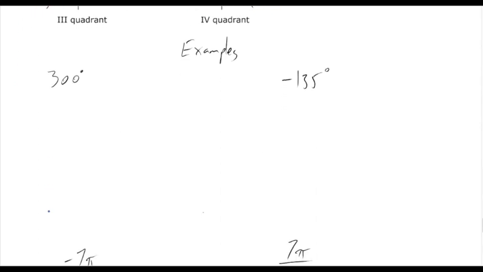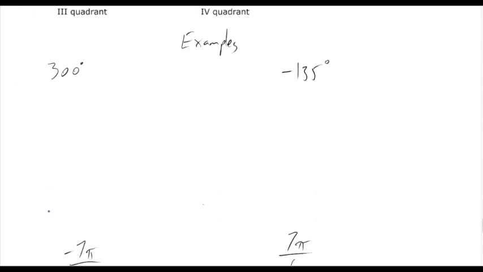So some examples. What I would recommend you do is to actually sketch out the angle. That way you can find out where the nearest x-axis is. So I'm going to quickly sketch out 300 degrees. So here's 300 degrees.